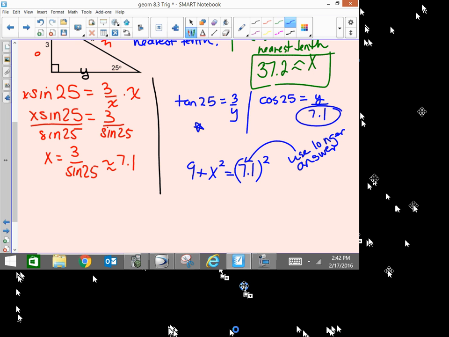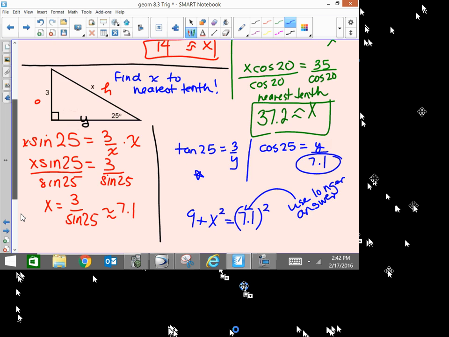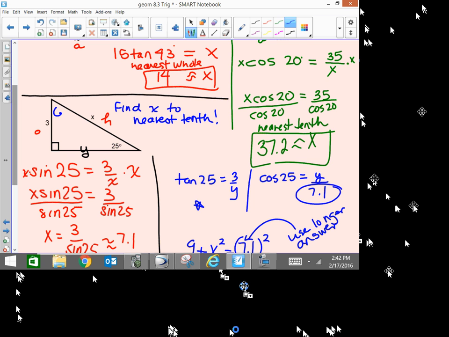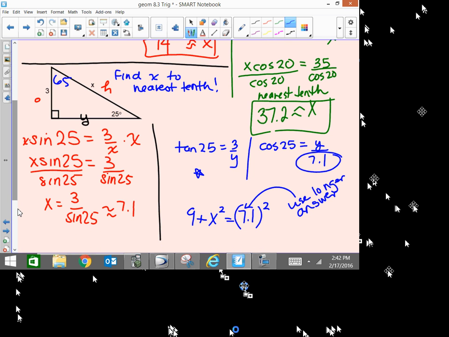Okay? All right. Did anybody use the 65-degree angle? This was 65. Okay, so let's say we want to use the 65-degree angle just to be different. What would be the best trig function to use, so we don't have to do any premature rounding, as they call it? We're looking for y.